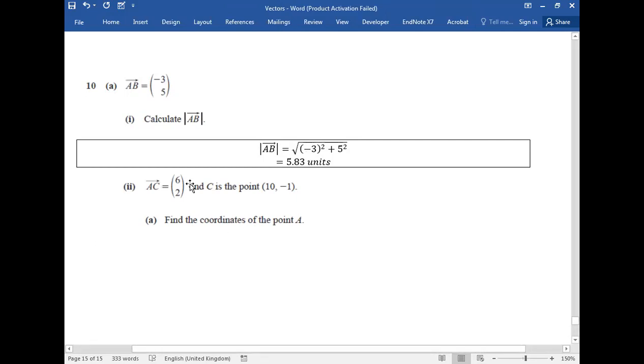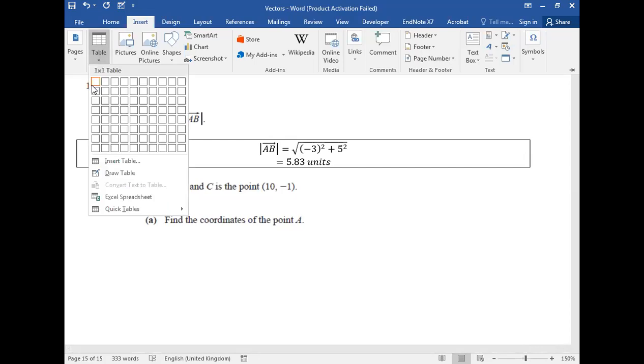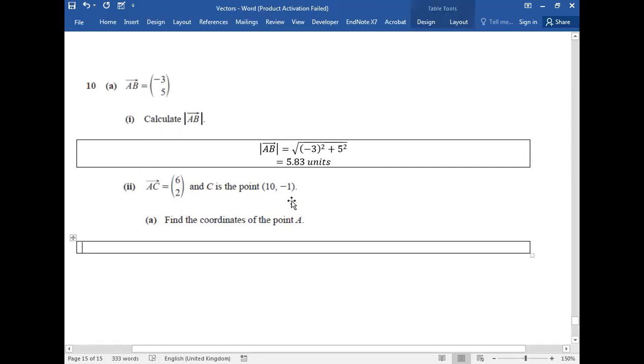AC is 6.2 and C is the point 10 minus 1. Can I write this coordinate? इसको मैं vectors में कैसे involve करूँगा 10 minus 1 को? And what will that vector be called? Column vector पे सारे ही हैं. What is that particular vector called?